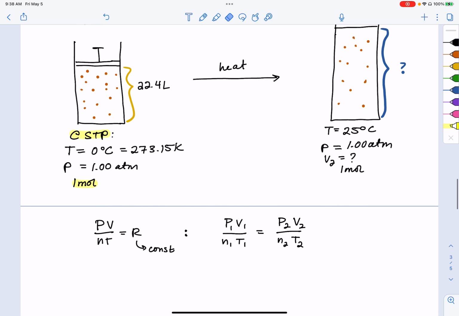Now let's ask ourselves what is changing. So we see that temperature is changing, and as a result, volume is changing.